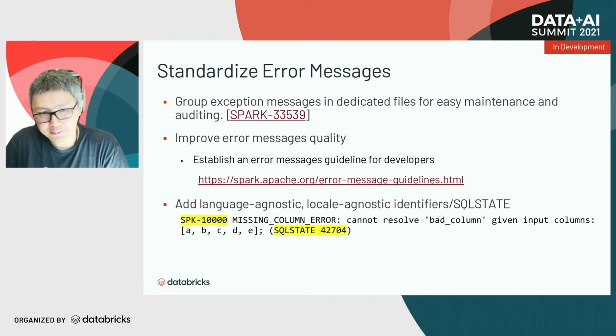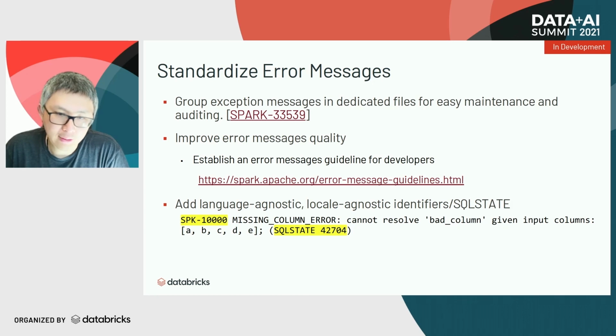Second, we built the error message guideline in the community: our error messages should be standardized and actionable, and should explicitly answer what, why, and how. And we welcome your contribution to improving our error messages.